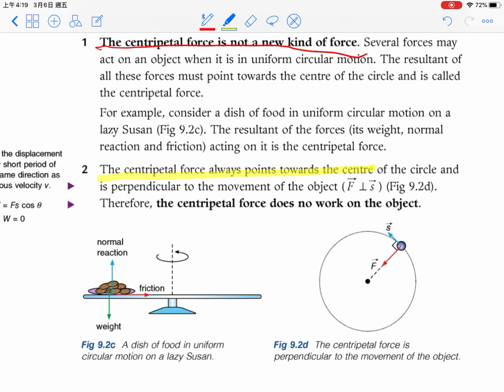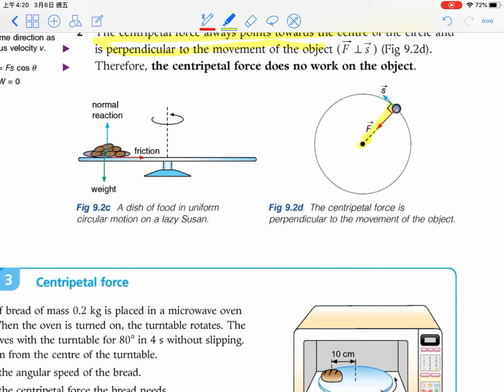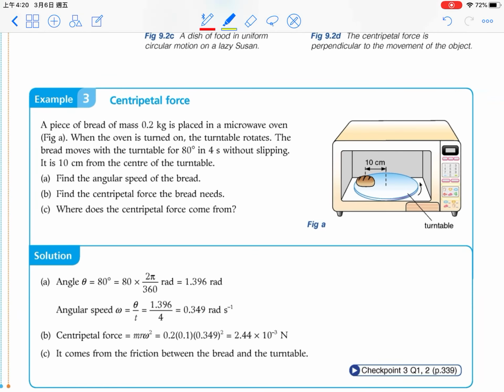The centripetal force always points towards the center, which is perpendicular to the movement of the object. As we learned in chapter 9.1, the centripetal acceleration points toward the center, and since F equals ma, the centripetal force also points towards the center of the circle.